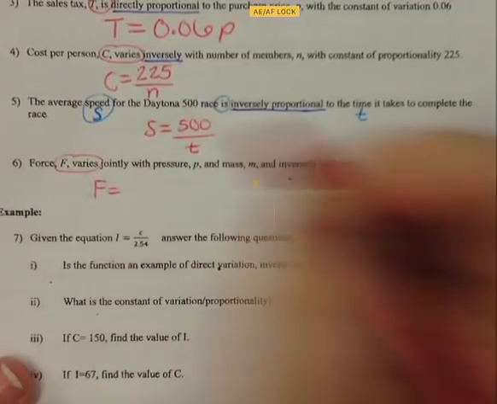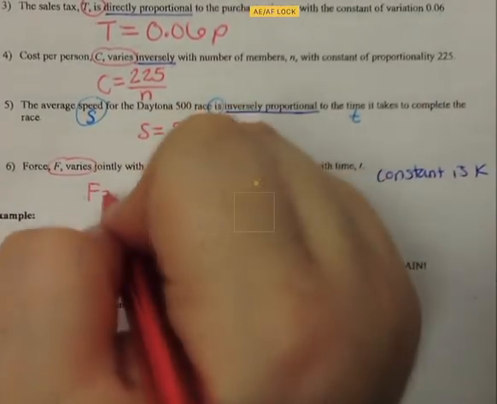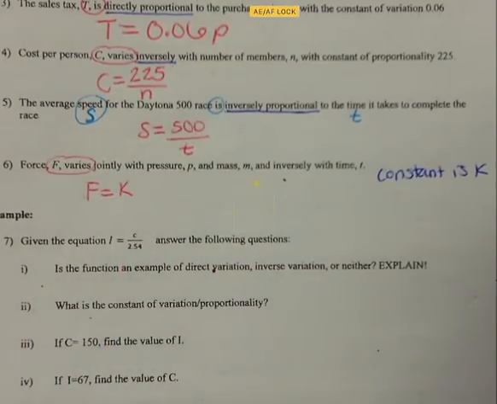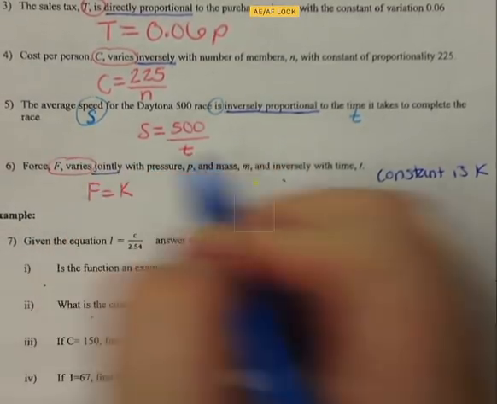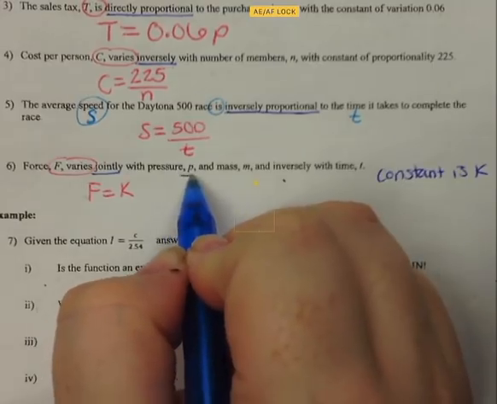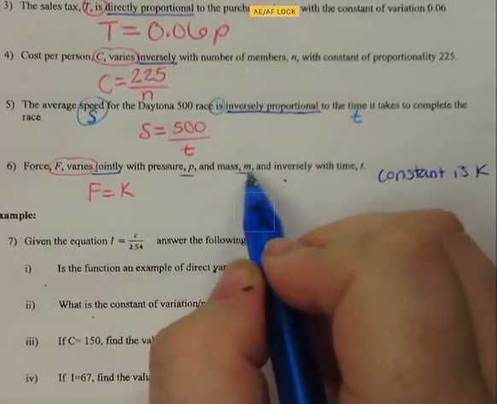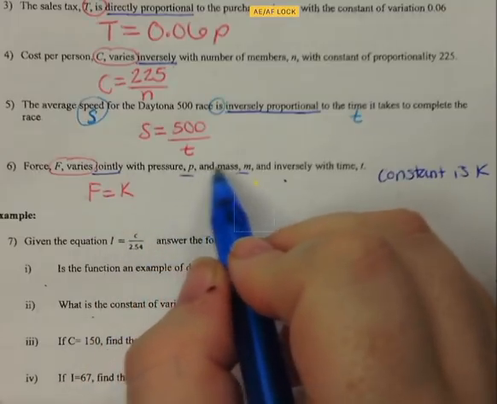So we started off with, it says force F varies. So F equals. Now the constant is K, so go ahead and put our K. Jointly with pressure P and mass M. Jointly means a bunch of multiplication.